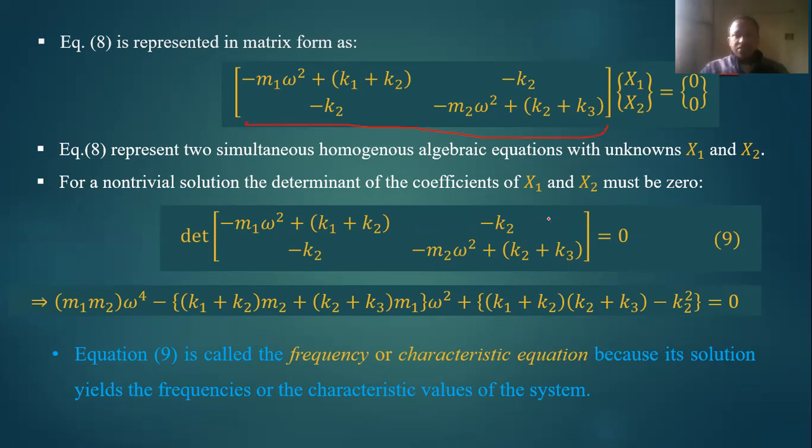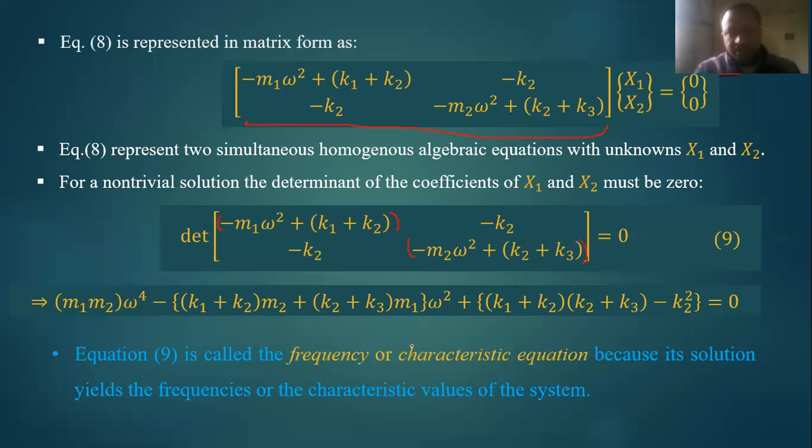From that, we can find the characteristic equation. This is the characteristic equation that we obtain from this quantity times this quantity minus this quantity times this quantity, which gives us the characteristic equation.